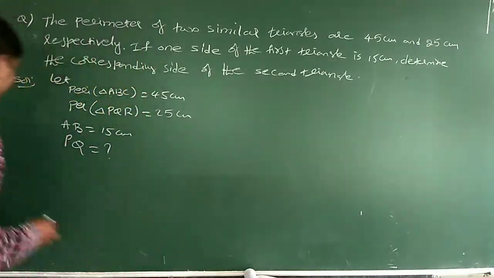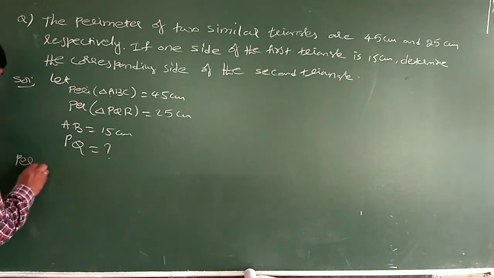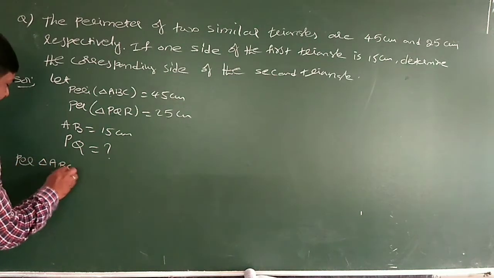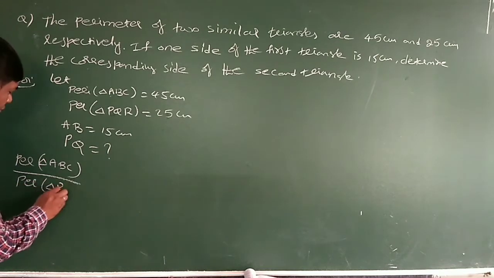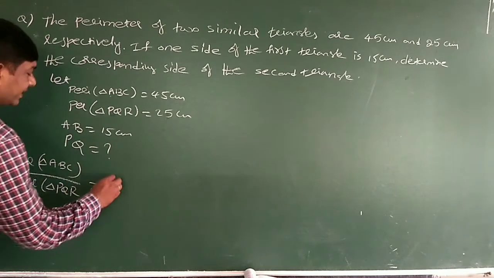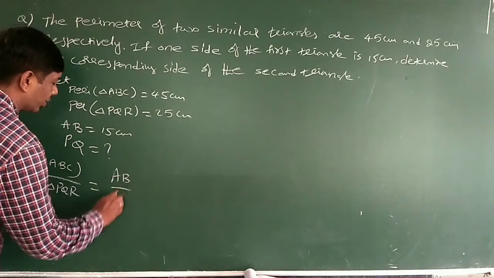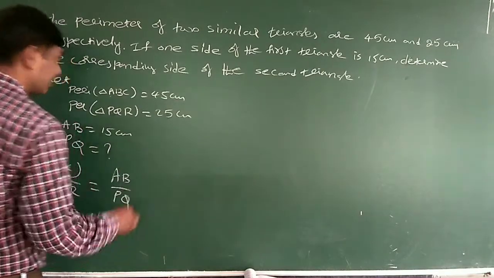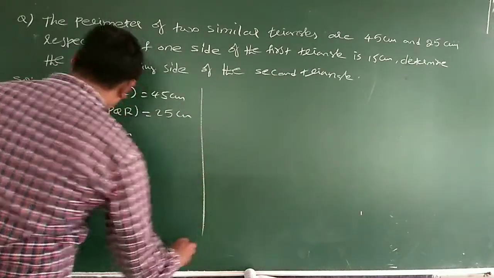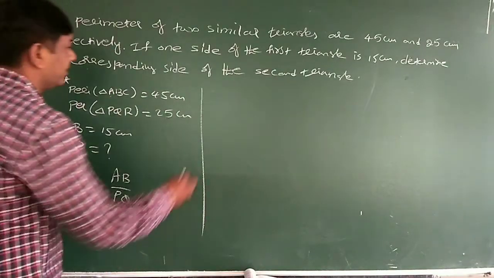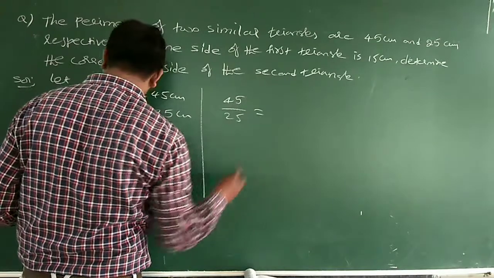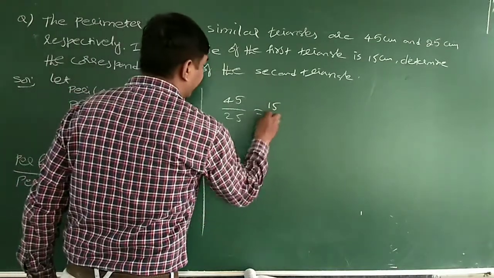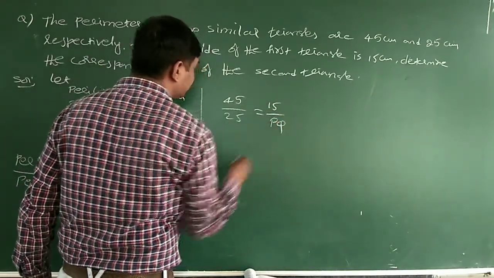Using that, perimeter of triangle ABC by perimeter of triangle PQR is equal to AB by PQ. The perimeter of triangle ABC is 45 and PQR is 25, so 45 by 25 is equal to 15 by PQ.